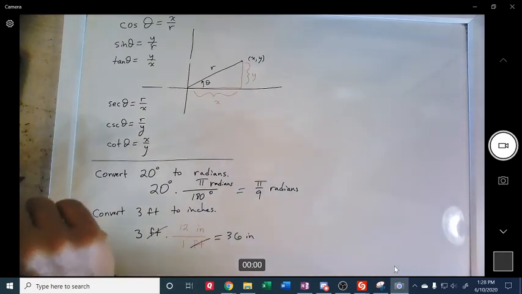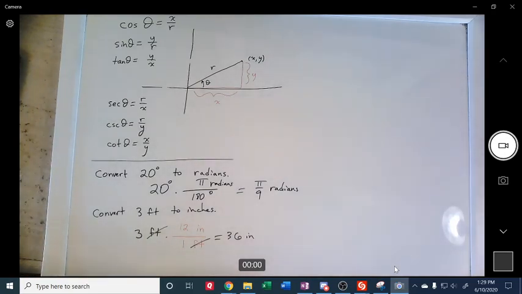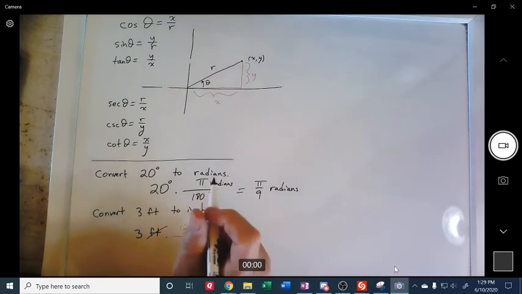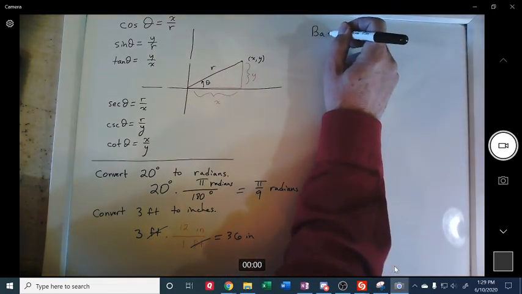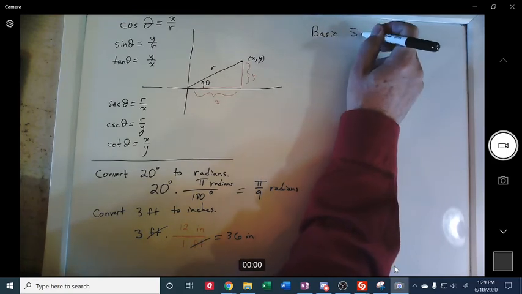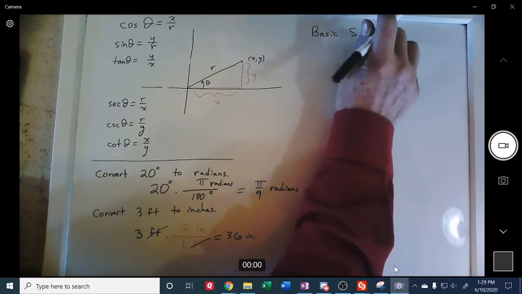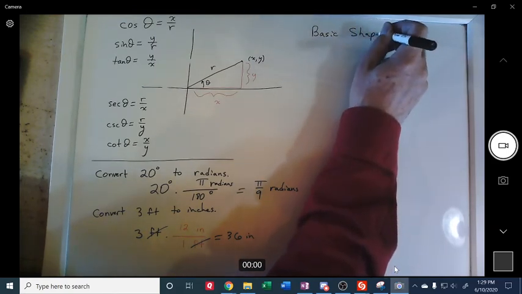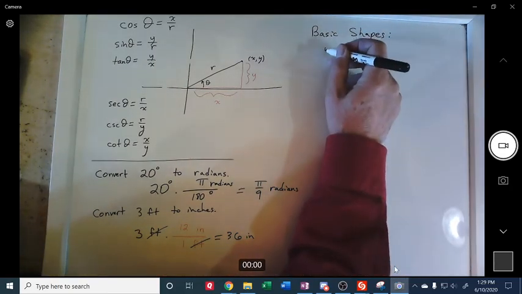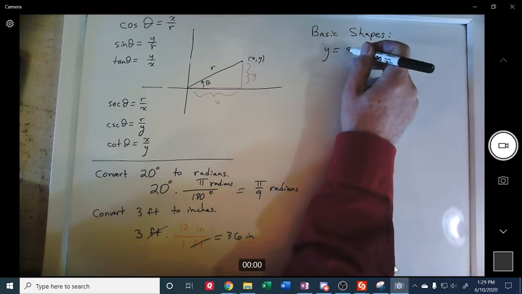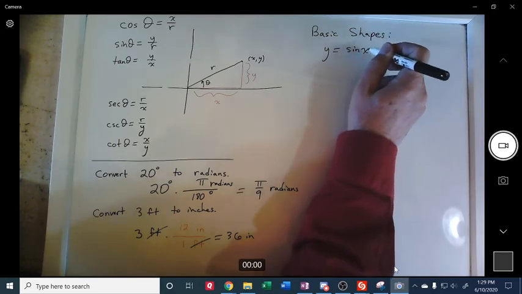The basic shapes, we're going to need to remember this stuff for these curves. y equals sine of x.